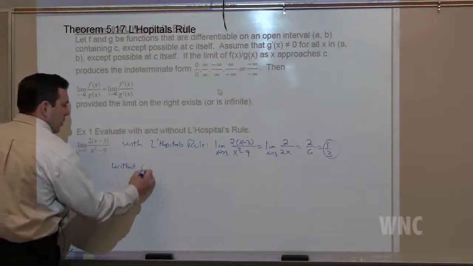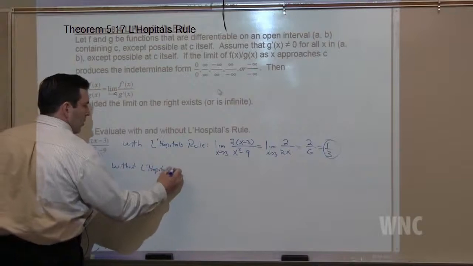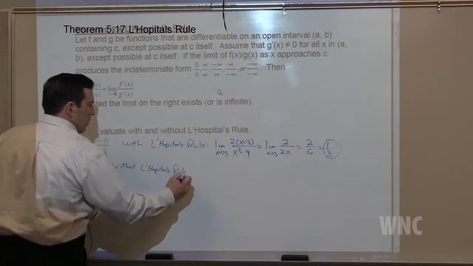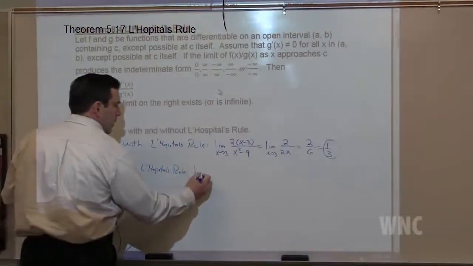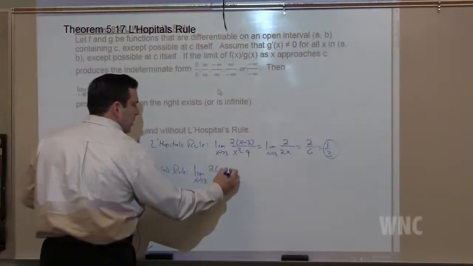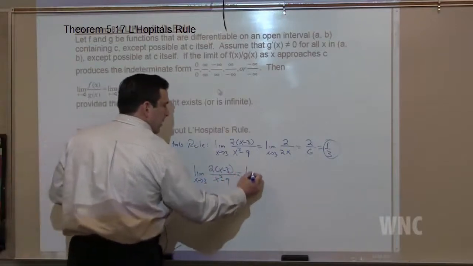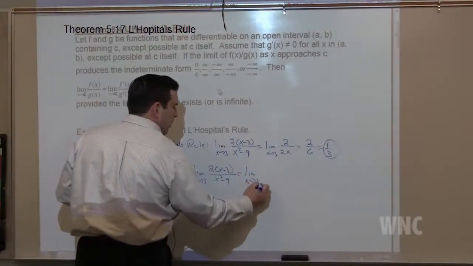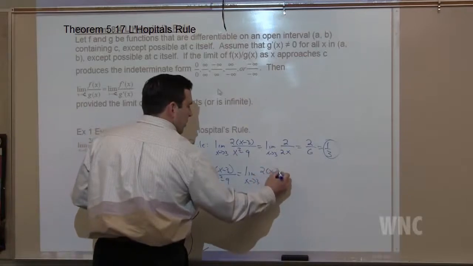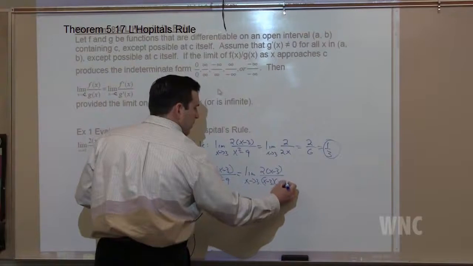Without L'Hopital's rule, we have the limit as x approaches 3 of 2 times the quantity x minus 3 over x minus 3 times x plus 3.